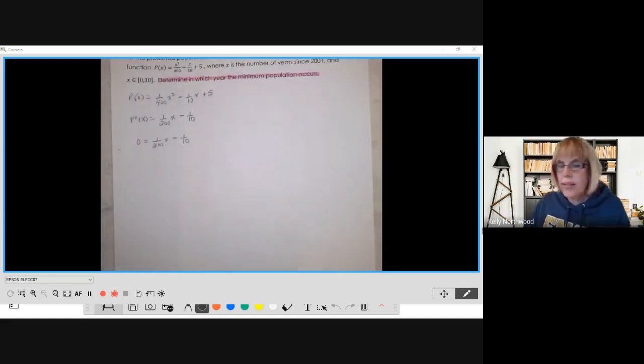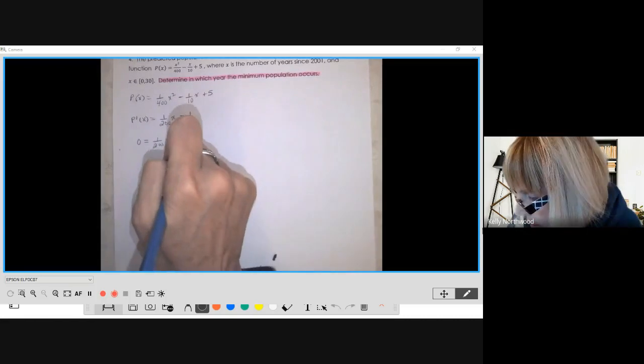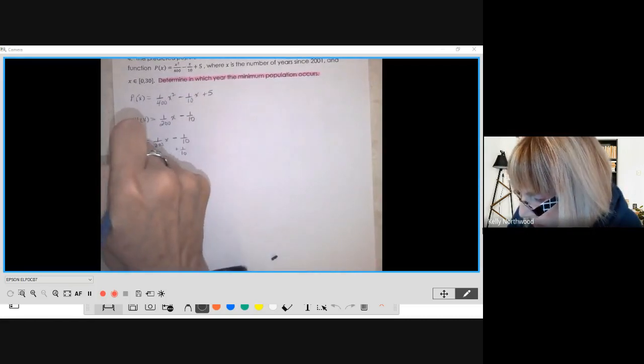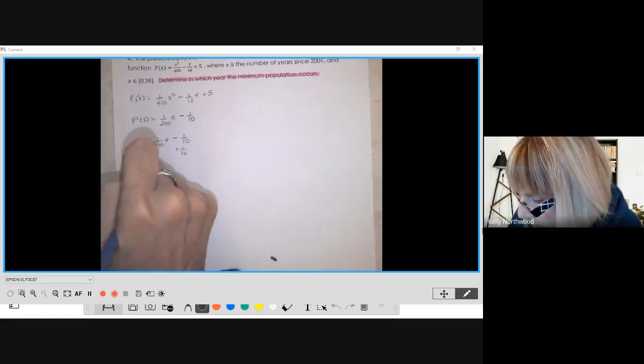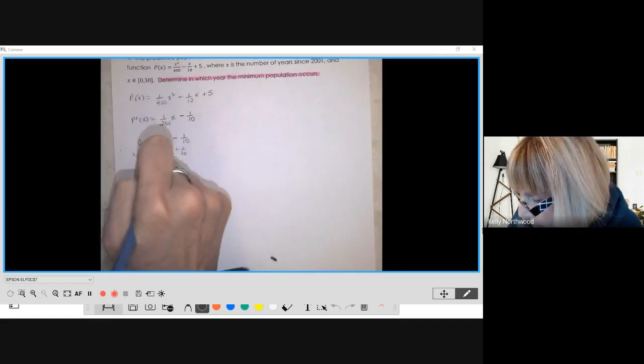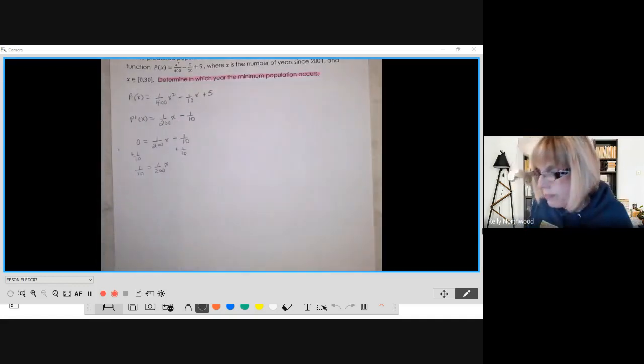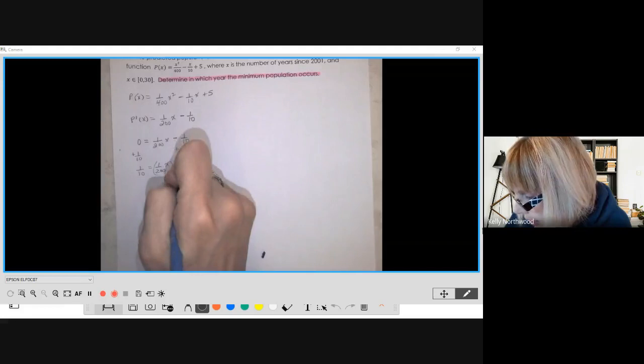Solve for X, so I can add 1/10 to both sides. Multiply both sides by 200 to get X by itself.